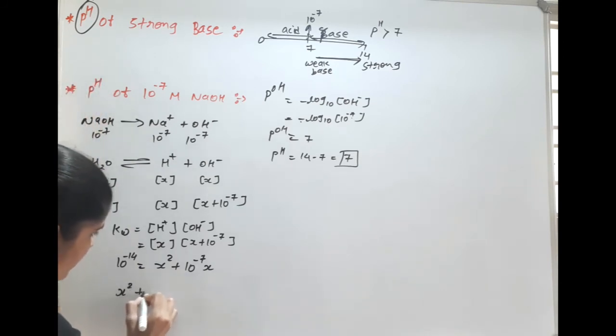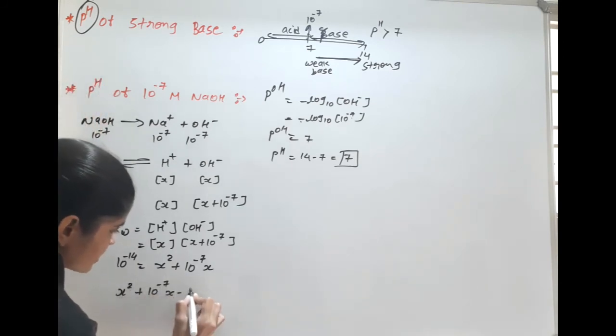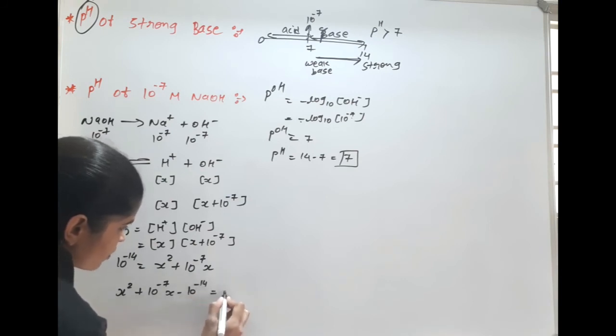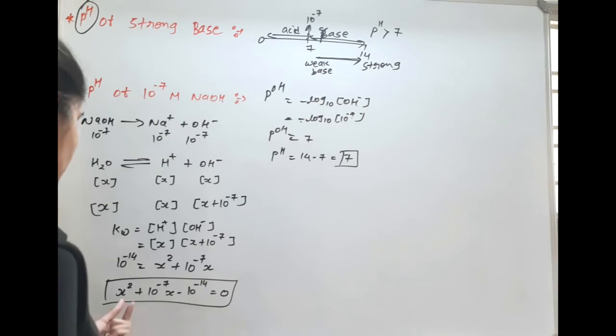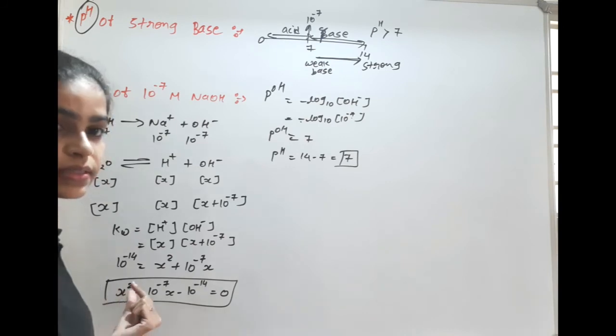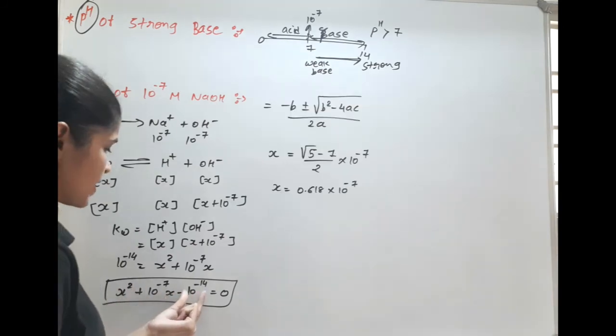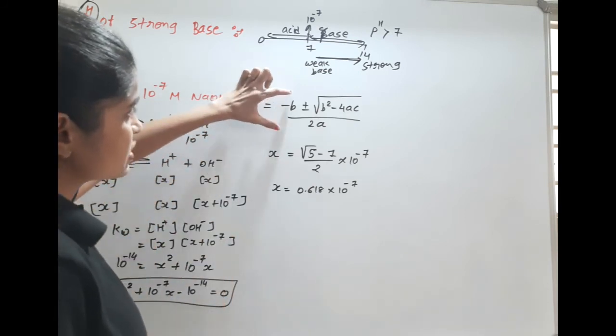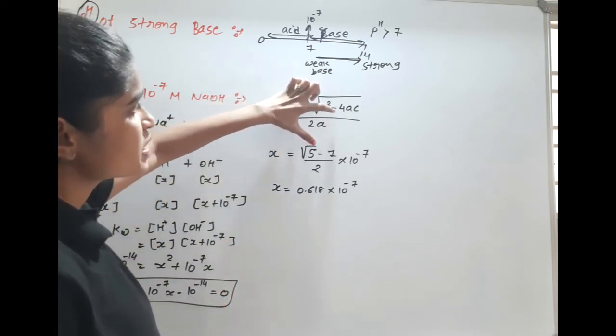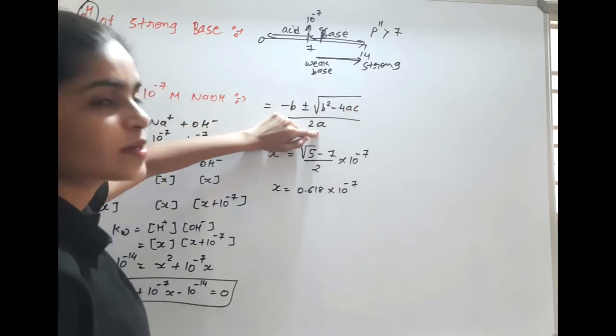So X square plus 10 raised to minus 7 X minus 10 raised to minus 14 is equal to 0. Solve this equation and find the value of X. So that way, minus b plus or minus under root b square minus 4ac divided by 2a.